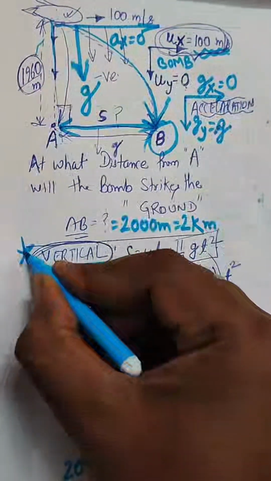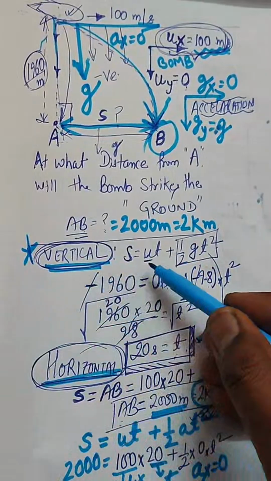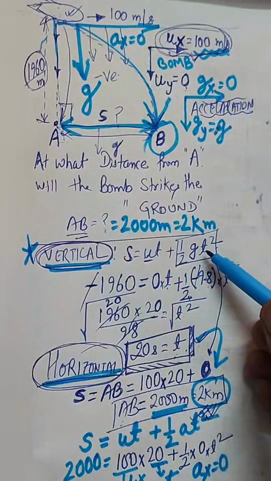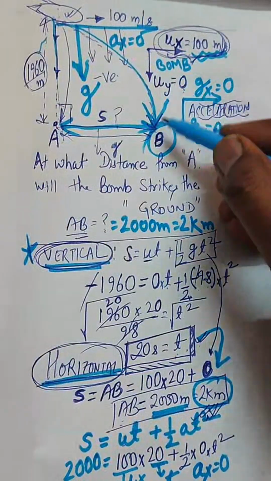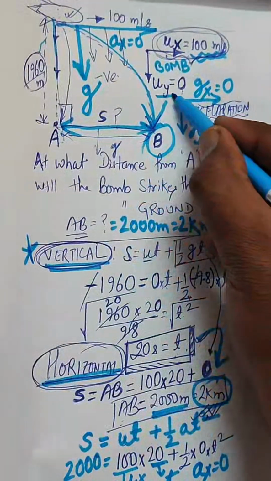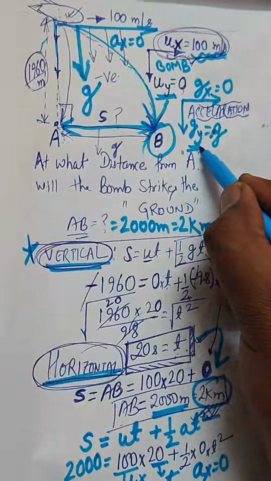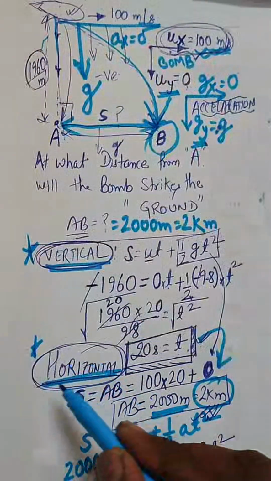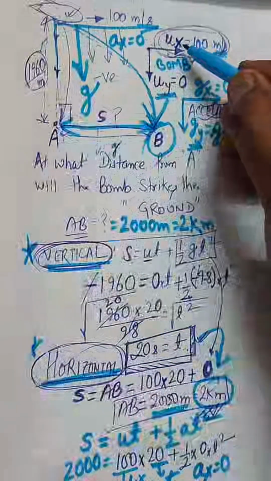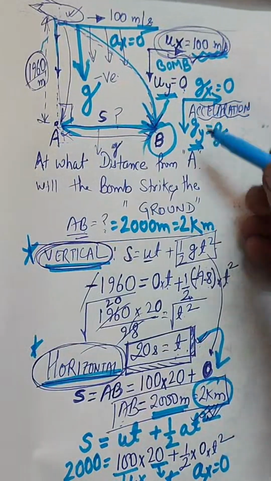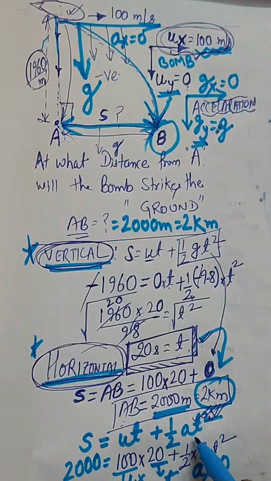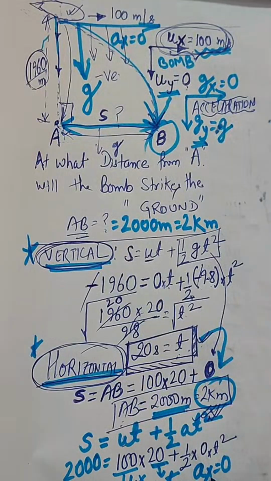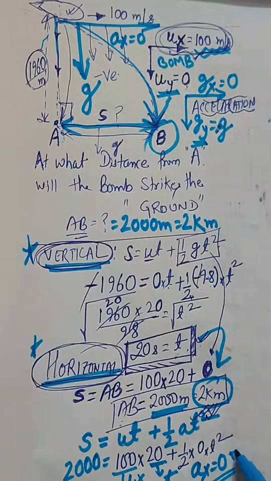Once you apply the vertical motion, s equal to ut plus half gt square, use the components uy and gy, right? And for the horizontal one, use the components ux and gx, right? Here you know the value of gx, the acceleration in the x direction, is 0. You can see this is 0, right?